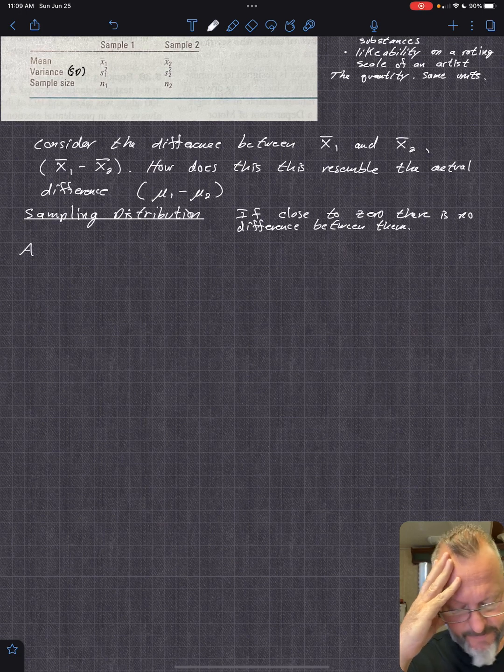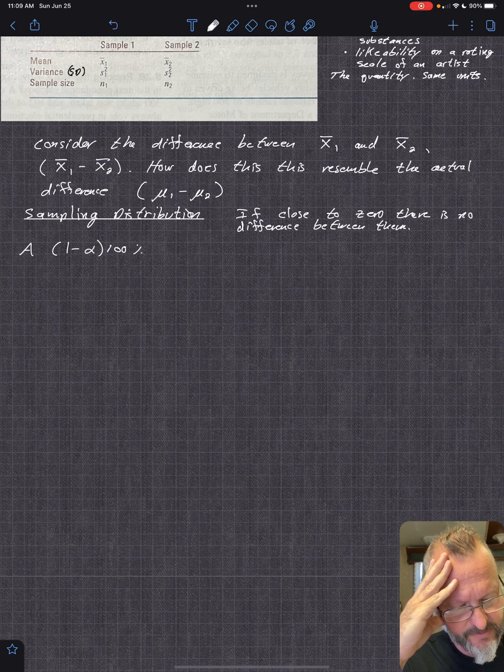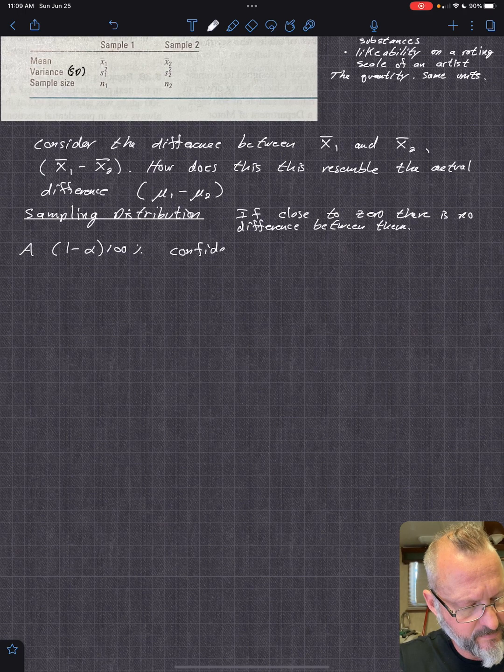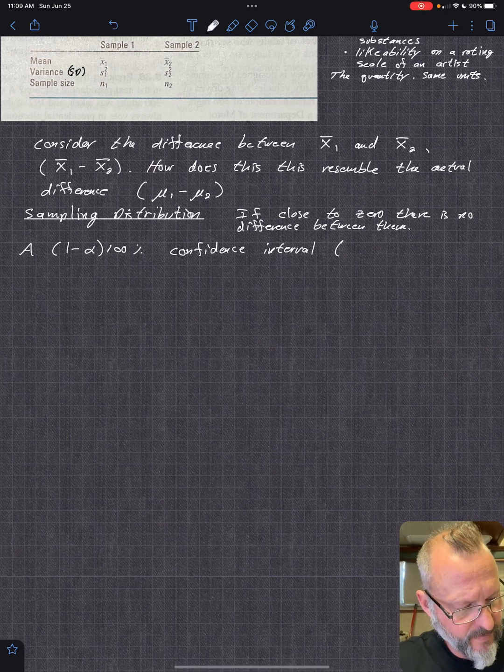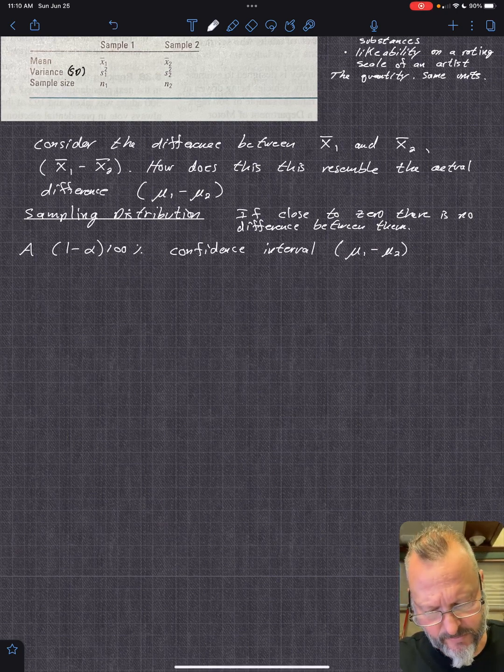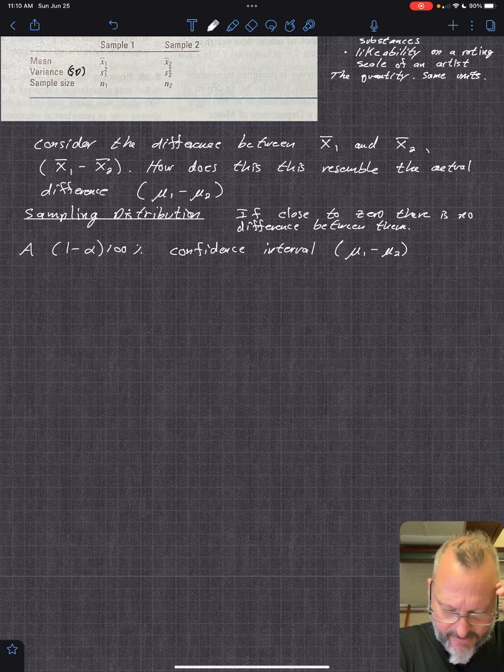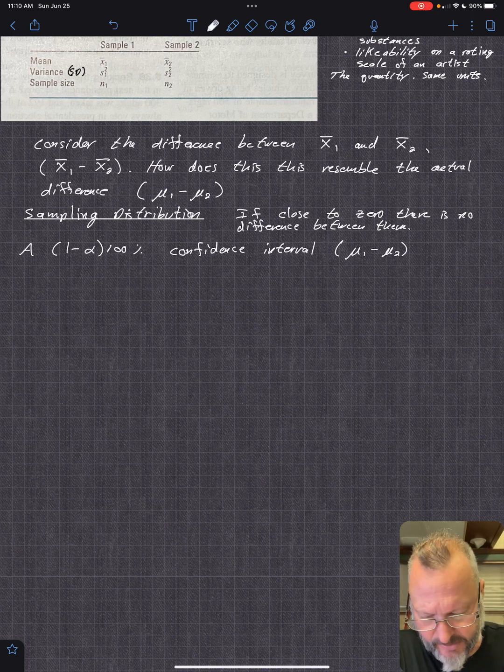So same thing as before, 1 minus alpha times 100% confidence interval. The confidence interval for mu1 minus mu2 looks like this. So we're going to skip all the little details and just get right to it.